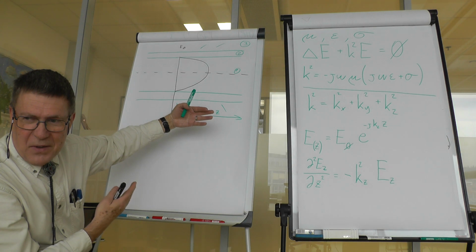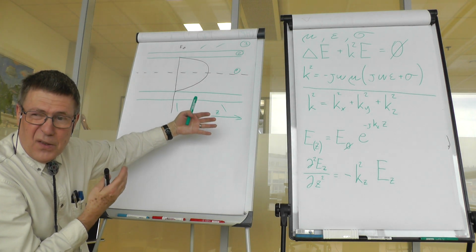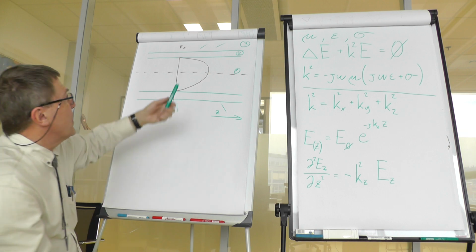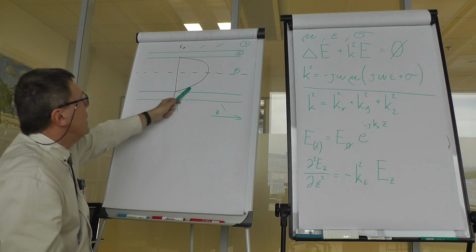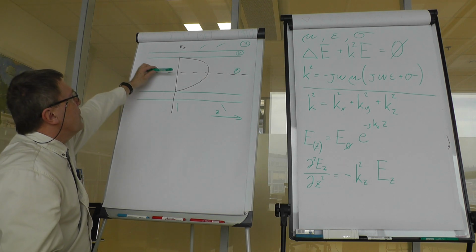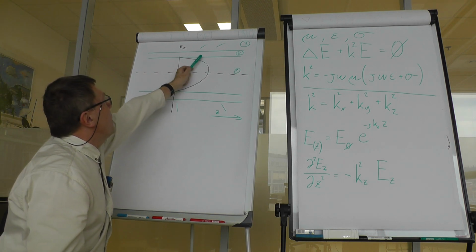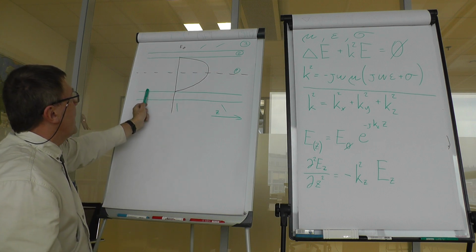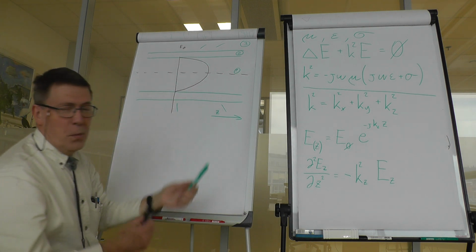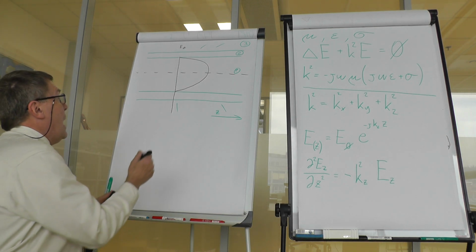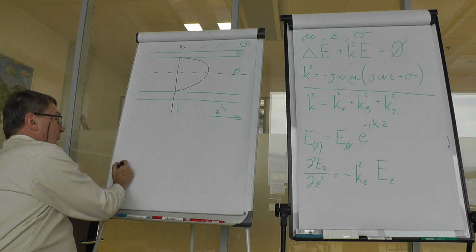Because of the symmetry of the geometry, the field should be symmetrical or antisymmetrical. That is, we could have here a half cosine if this is 0 in the vertical direction, or we could have here a half sine, which would be a symmetric or antisymmetric field. And let us now treat only one half of the structure.